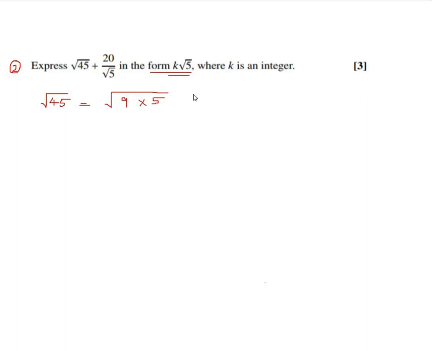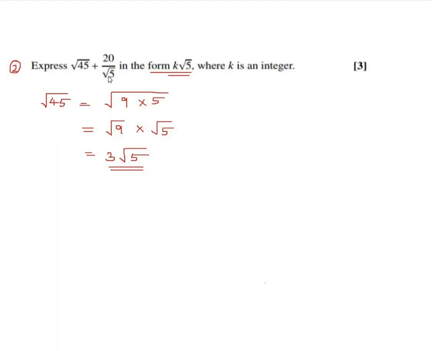So always think of splitting the bigger radicals or bigger numbers as a combination of a square number and a non-square number. Now this could be split as square root of 9 times square root of 5. Square root of 9 is 3 and square root of 5 cannot be simplified, so we just write it as square root of 5. So this is the simplest form of square root of 45.